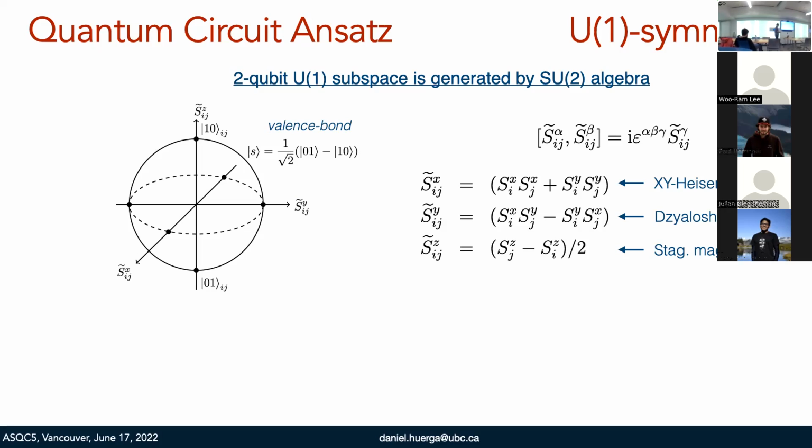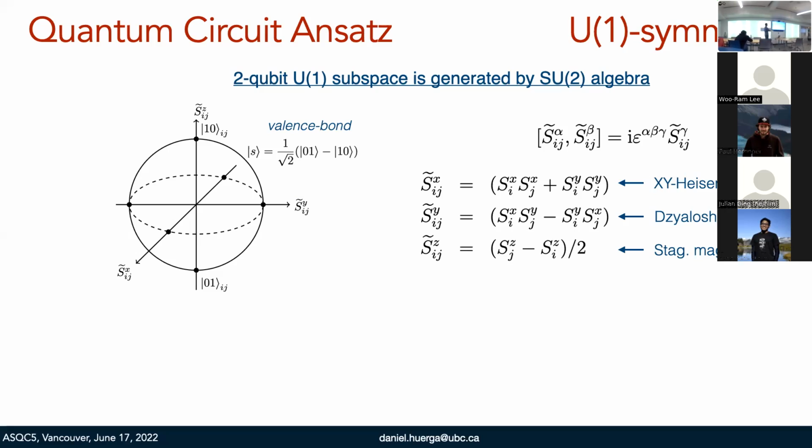Here, I will take the U(1) symmetry of these states and realize that the 2-qubit U(1) subspace is effectively generated by this SU(2) algebra. So we can find these S tilde operators, which are the XY Heisenberg interaction, the Z projection of the Dzyaloshinskii-Moriya interaction, and the staggered magnetization.